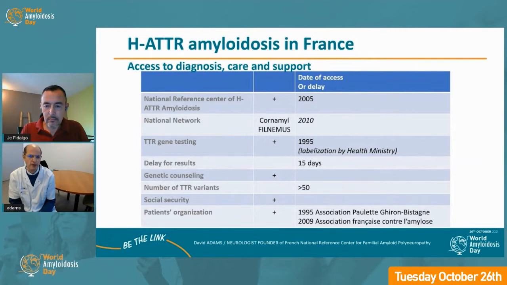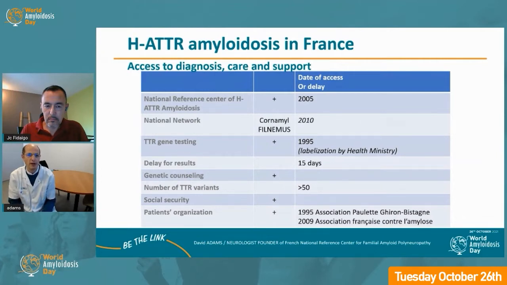After that, the main diagnosis was biopsy of the nerve, and we identified with our English colleagues that it was due to a TTR gene mutation, and we initially sent the samples to London to do the correct diagnosis.